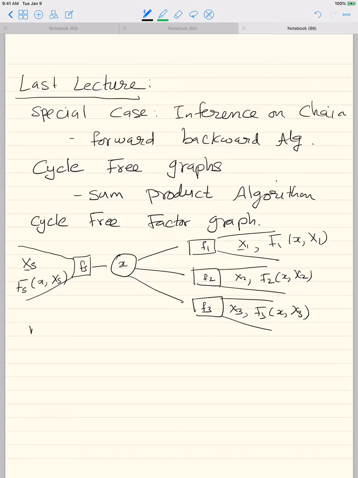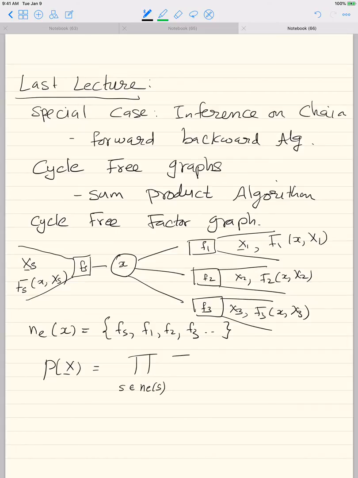So if we define ne of x to be the neighbors of the variable node x, then the joint distribution, which factorizes into the product of all the factors in this graph, can also be written as the product over the factors in the neighboring nodes of these functions fs of x and xs.